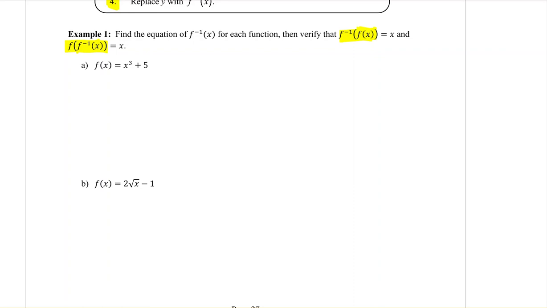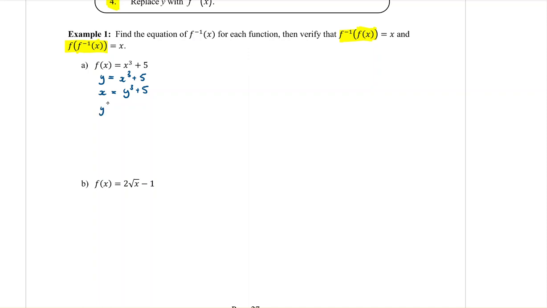So the first thing we need to do is, instead of f of x equals, we're going to write it as good old-fashioned y equals x cubed plus 5. Then we can do our switch. The y becomes an x, so it's x equals, and the x becomes a y cubed plus 5. Then we just want to rearrange the equation to get the y by itself.